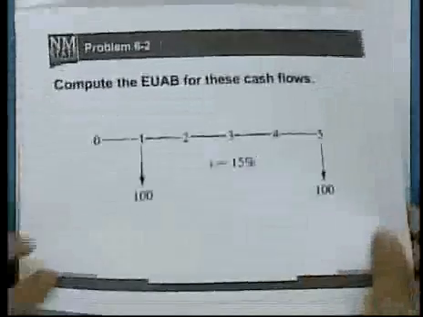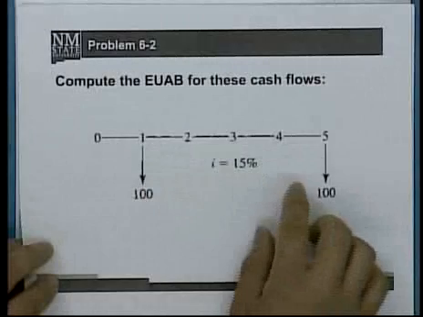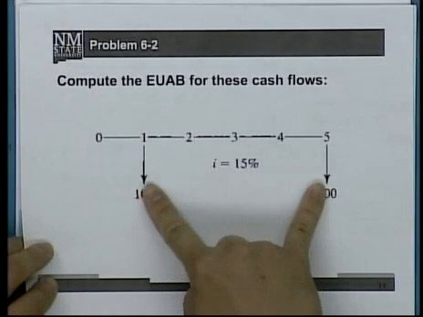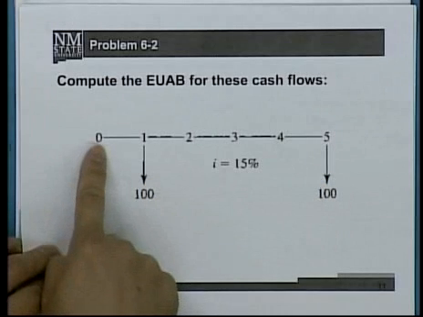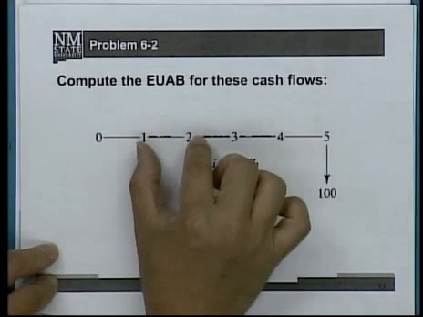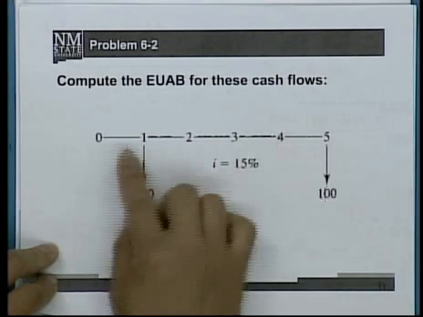In problem 6-2, what I did was convert these two future sums of money to the equivalent present sum of money, and then convert it again to the equivalent uniform annual benefits over 5 periods.